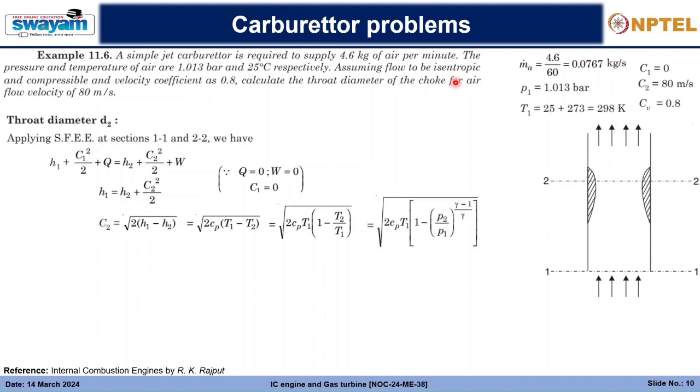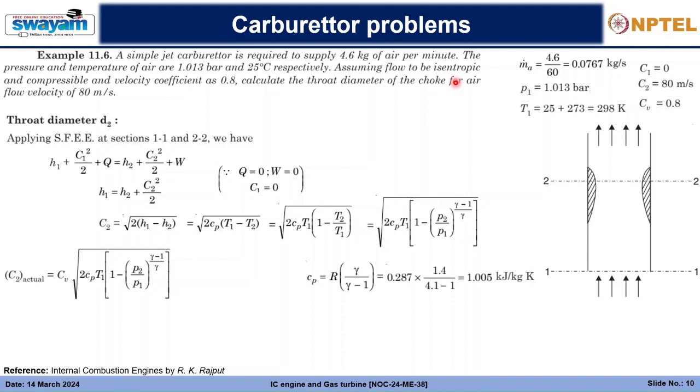So T2 by T1 equals P2 by P1 whole to the power gamma minus 1 by gamma, right? And C2 actual equals Cv into root over 2 Cp T1 into 1 minus (P2 by P1) to the power gamma minus 1 by gamma. Here Cp is R gamma divided by gamma minus 1, and we get the value to be 1.005. We can directly use that for air.